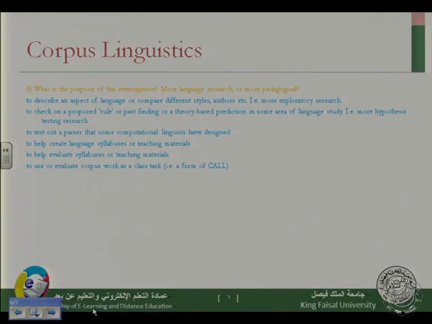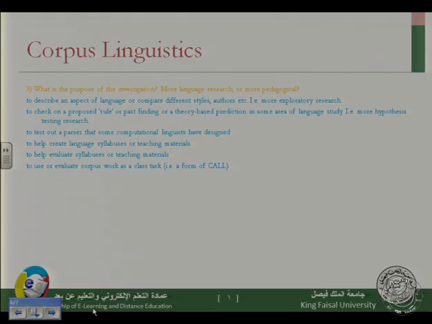To use or evaluate corpus work as a class task, a form of CALL. Yes, you can have a form of CALL in the classroom by giving your students a task, and then they search the corpus to find some interesting results.